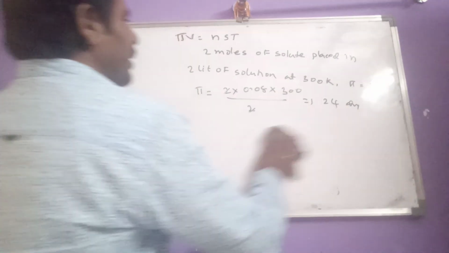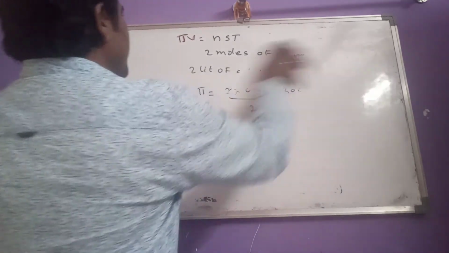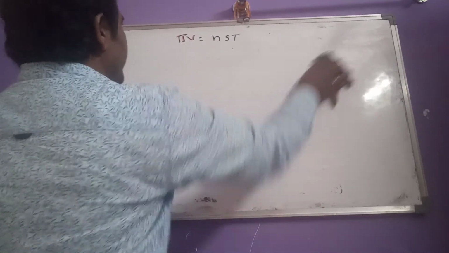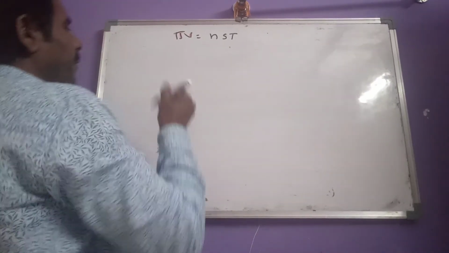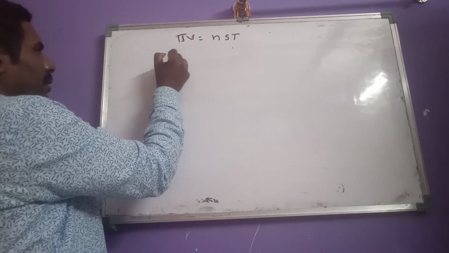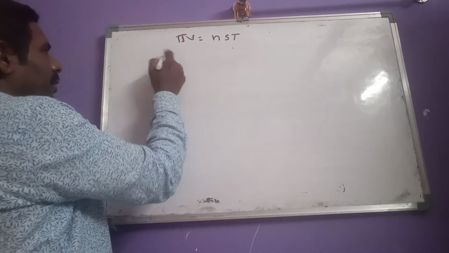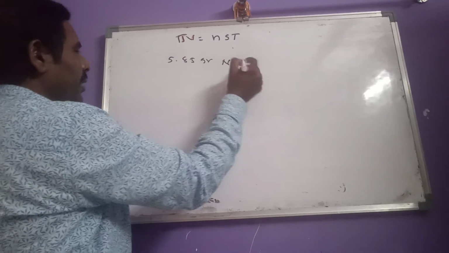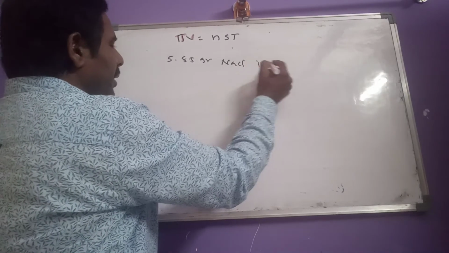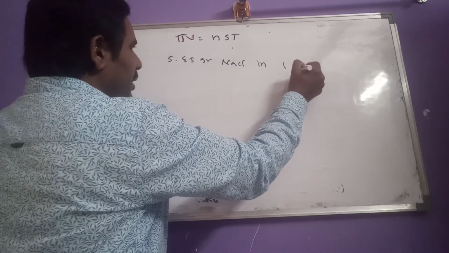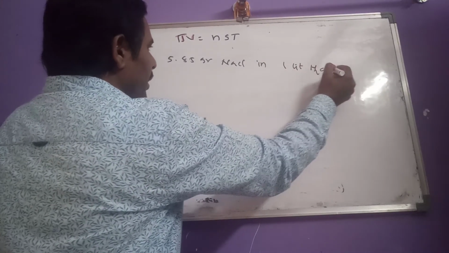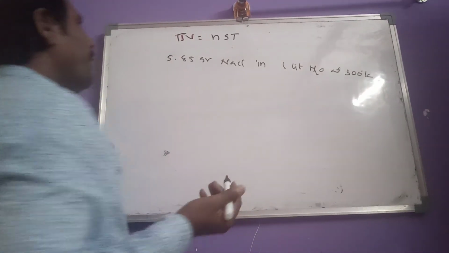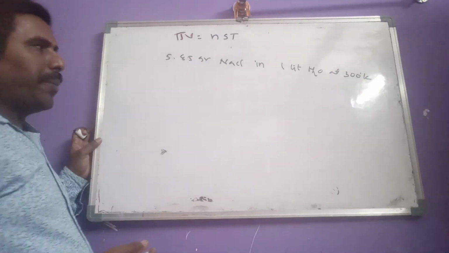Okay, then another question related to osmotic pressure. When 5.85 gram of NaCl is present in 1 liter of water at 300 Kelvin, what is its osmotic pressure?